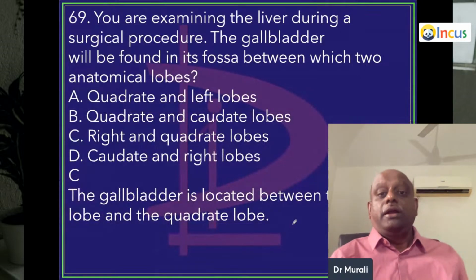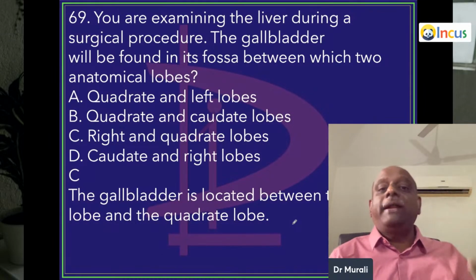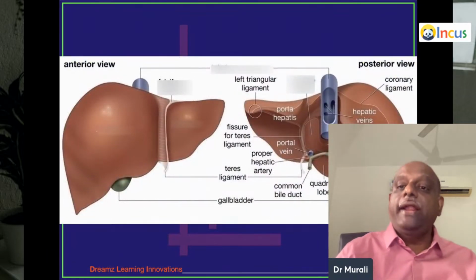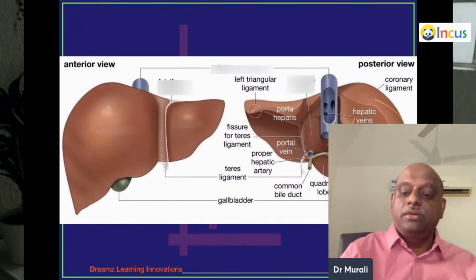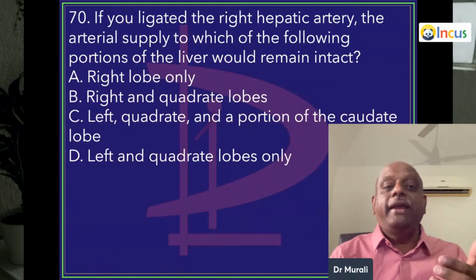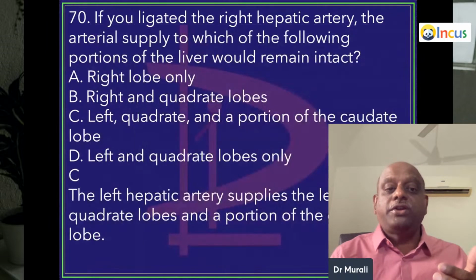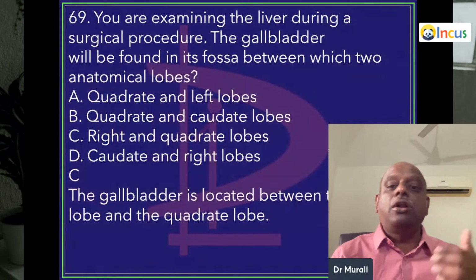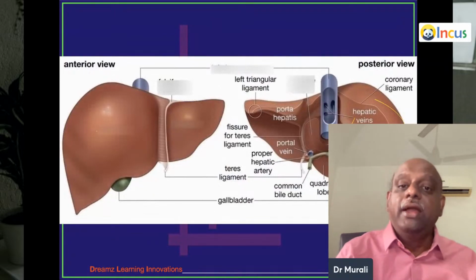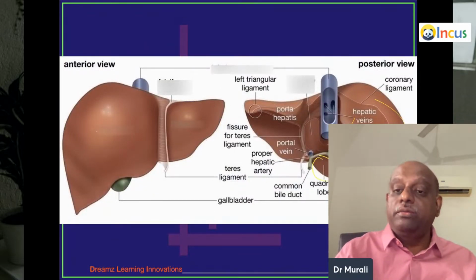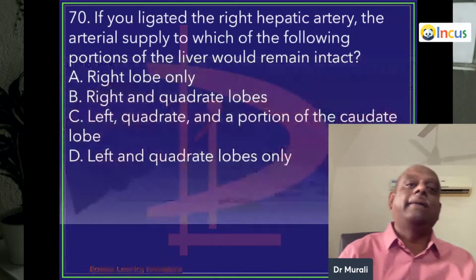So between the right lobe and the quadrate lobe of the liver, you are having the gallbladder, is what you should remember. Where is the gallbladder? Right lobe and the quadrate lobe. This is the quadrate lobe, this is the right lobe. Between the two, you are having the gallbladder.